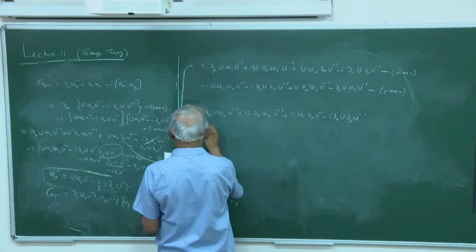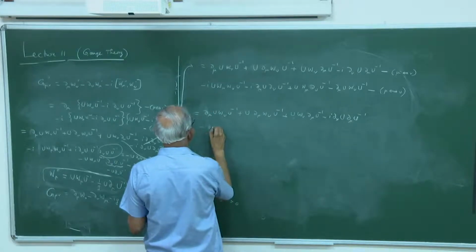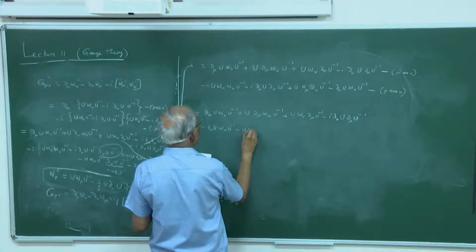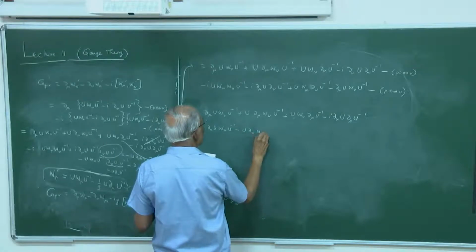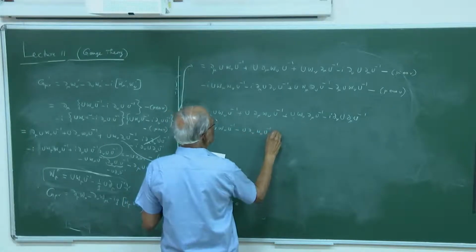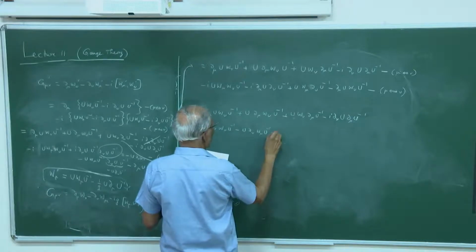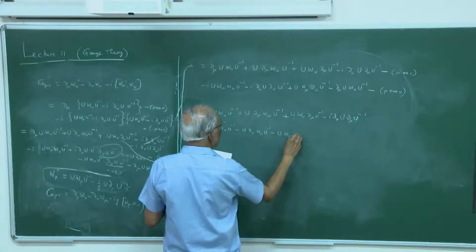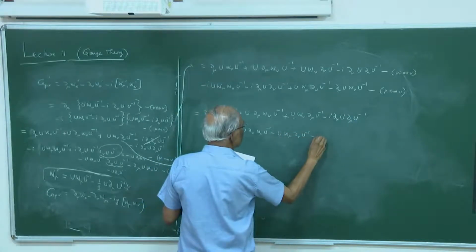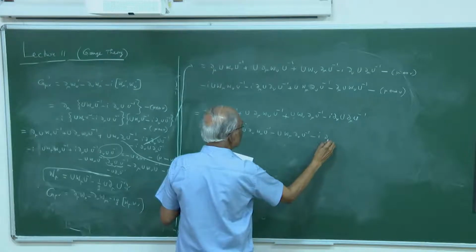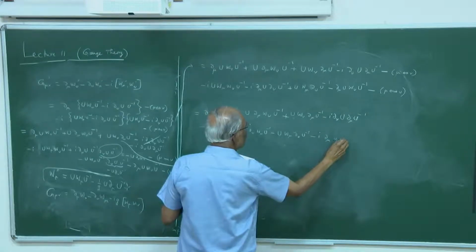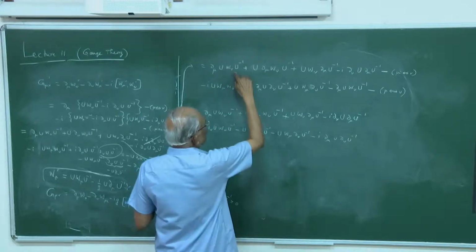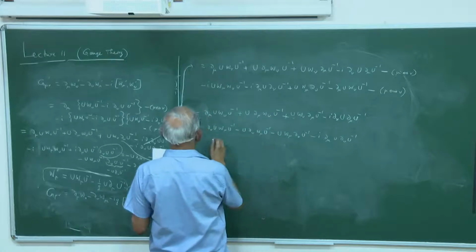So I should write here with a minus sign: d nu u W mu u inverse, minus u d nu W mu u inverse, again minus sign, this is plus u W mu d nu u inverse, minus I d mu u d nu u inverse. So this is the first line completely anti-symmetrized, written explicitly.